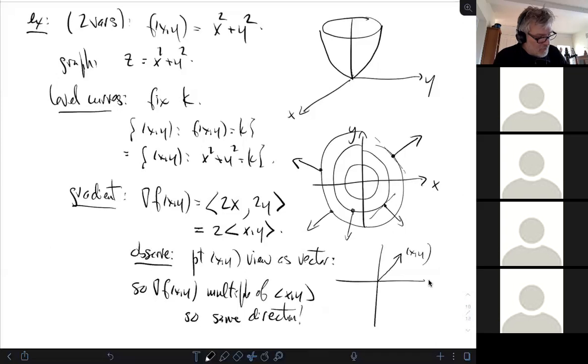Of course, it's a very simple example, but it's perpendicular to the level curves at every point, okay? So I just wanted to do a very simple computation so that you see what I'm talking about. But again, intuitively, this should make sense. Okay, now I'm going to do one in 3 variables.